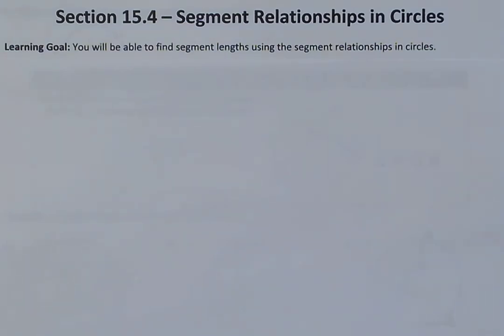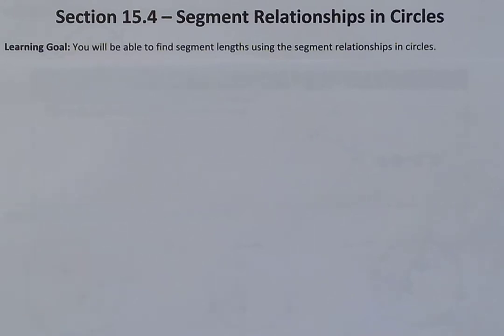We're going to talk about the chord product theorem, the secant product theorem, and then we're going to end with the secant tangent product theorem. So we're going to talk about those three different theorems today, and then we have three examples that highlight and allow us to practice using those theorems.